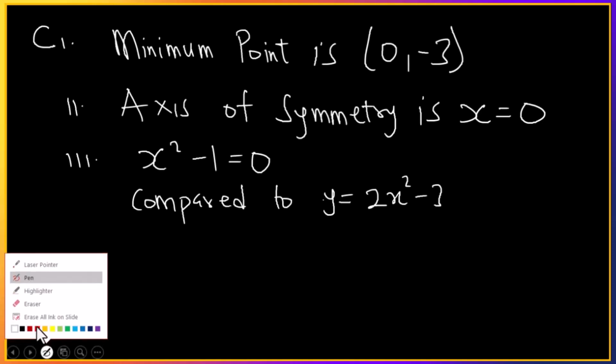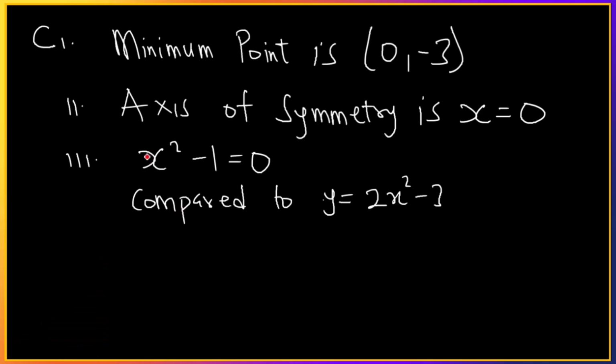Now the coefficient of x squared in the equation given is 1, and the coefficient in the relation is 2. So we are to manipulate this to also bear the same coefficient of x squared. What do we do to make the given equation bear the same coefficient?